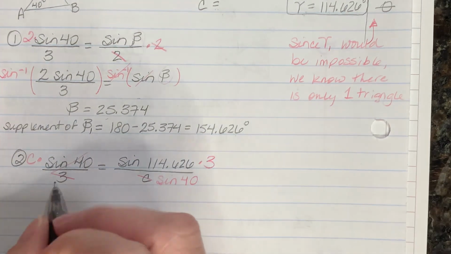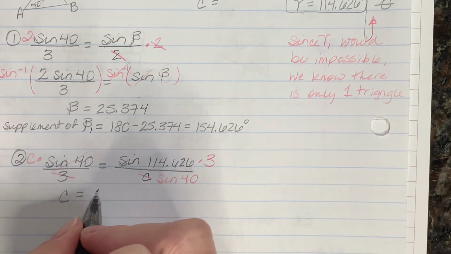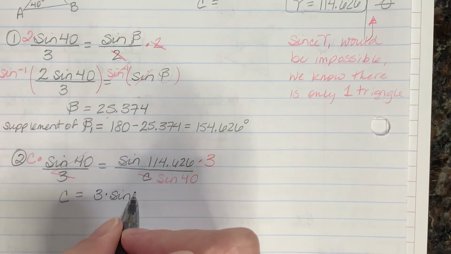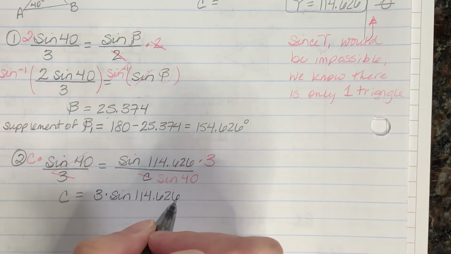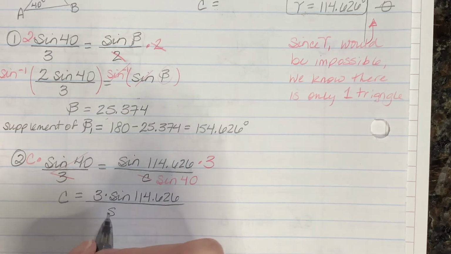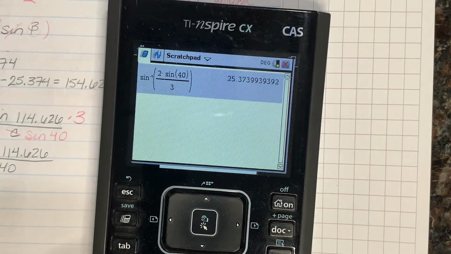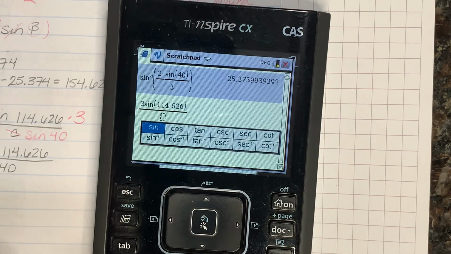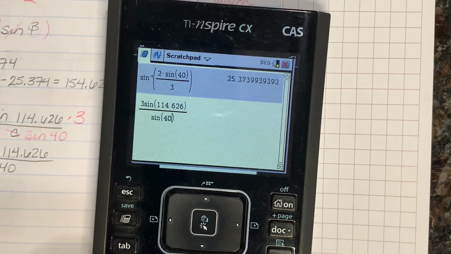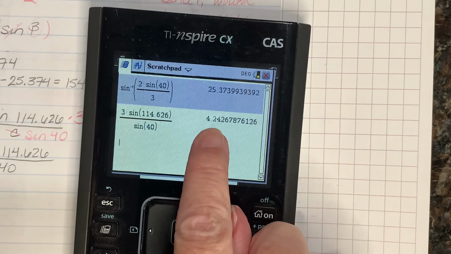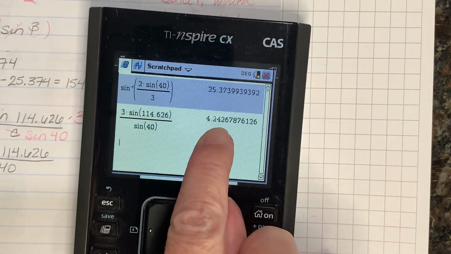So that would give me C equals, and I'll write it out this way for just a second, 3 sine 114.626 divided by sine 40, and then we can plug that into the calculator. So we'll get 3 sine 114.626 divided by sine 40, and we get 4.2426.